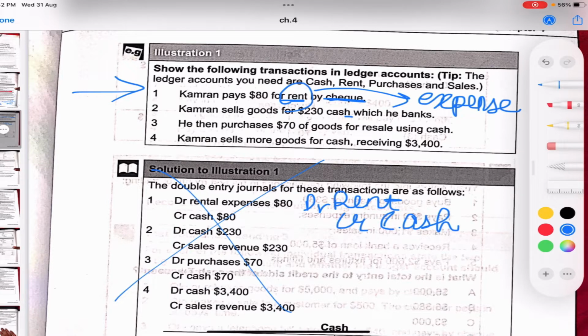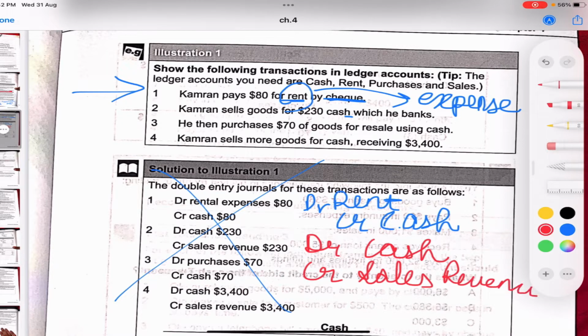When he makes a sale, cash comes in. So when cash comes in, what happens? Asset is increasing, which means cash gets debited and sales is being credited. You know that purchases get debited and you know that sales get credited, right? Sales or sales revenue, you can write it, it's the same thing. It is an income. So when income increases, it gets credited.